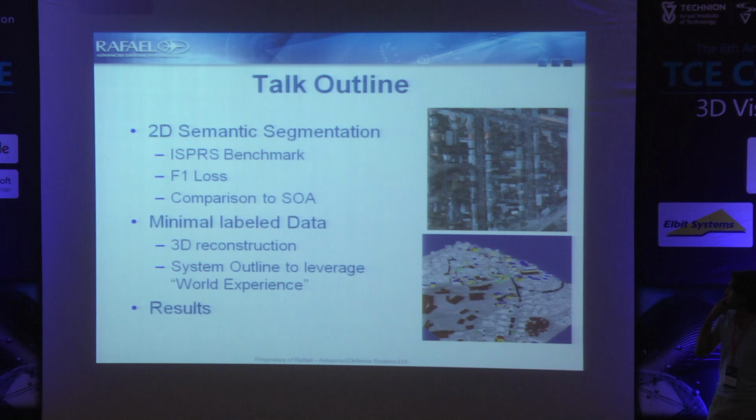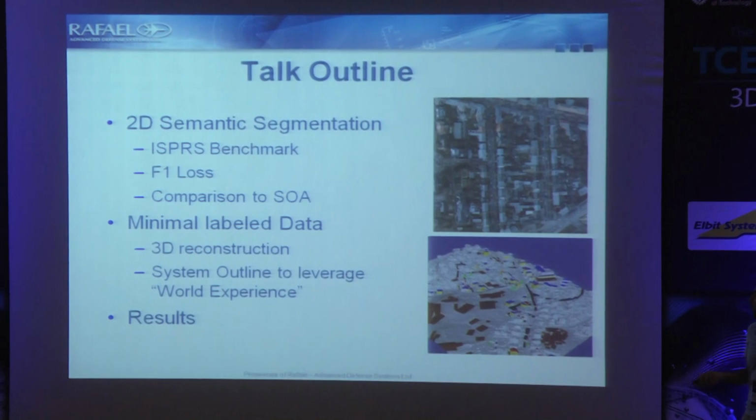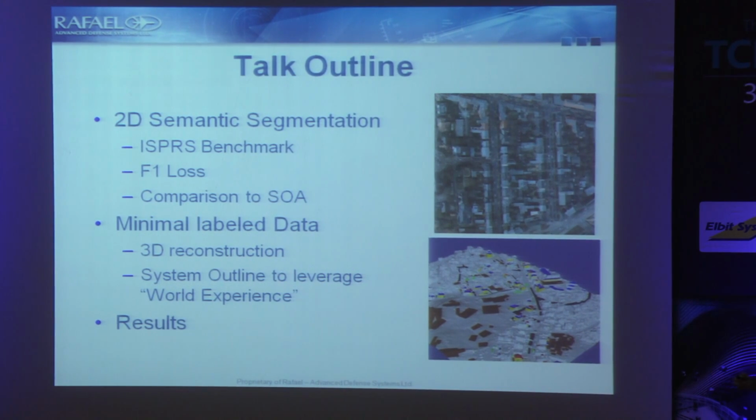Then in the second part of the talk, I'm going to talk about what the problem is when you want to address the real world, and that's usually creating the data. So we're going to use 3D reconstruction to help us do that. And then we'll present the results.